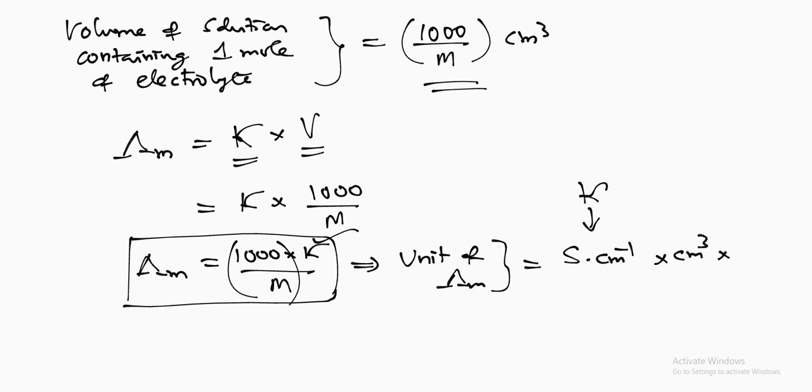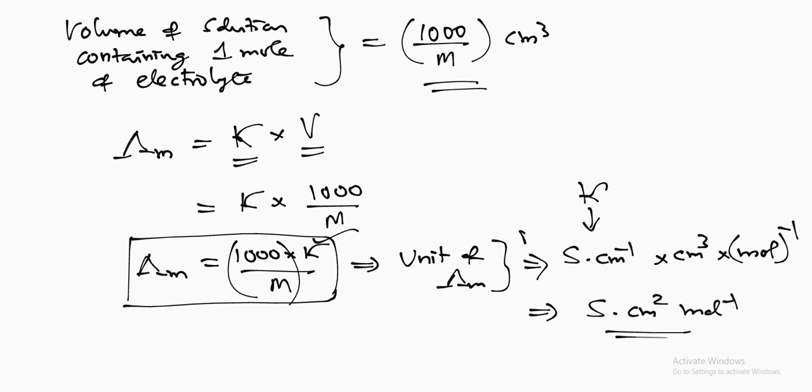And solution containing 1 mole of electrolyte, therefore per mole, mole inverse. So if I simplify this, I'll get Siemens centimeter square per mole. This is the unit of molar conductance. Is this clear, student?